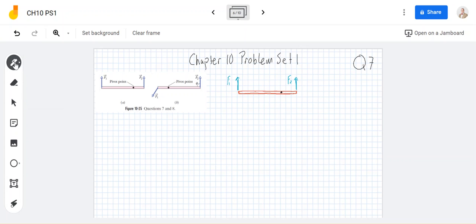But the thing that's really important is, if it's not to turn, then what we're saying is the net torque is equal to 0. So that's the whole point. The net torque is equal to 0. If you were to then change the angle on F2, let's see what would have to happen.